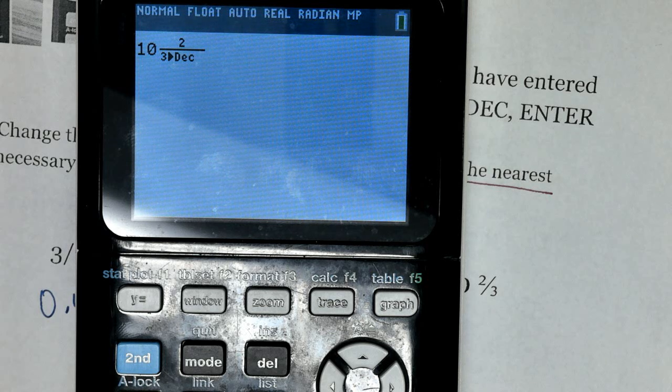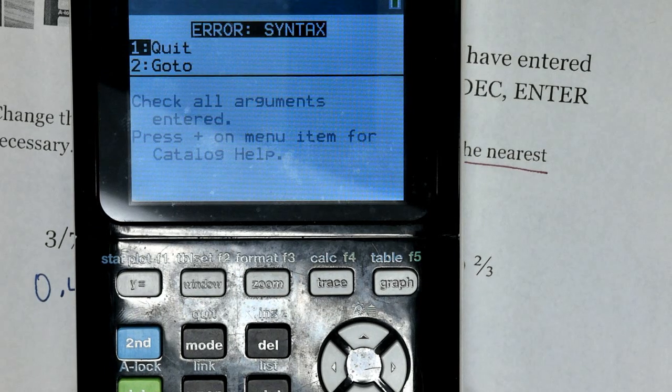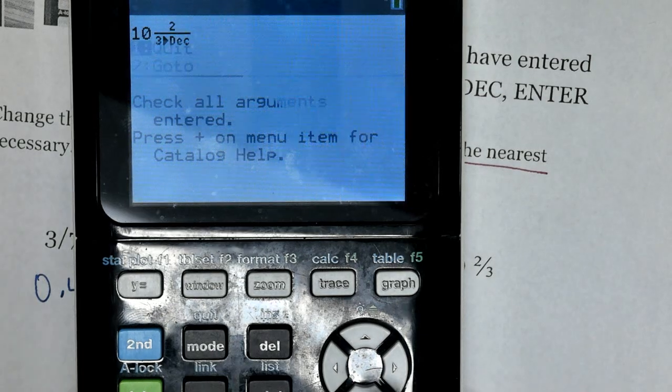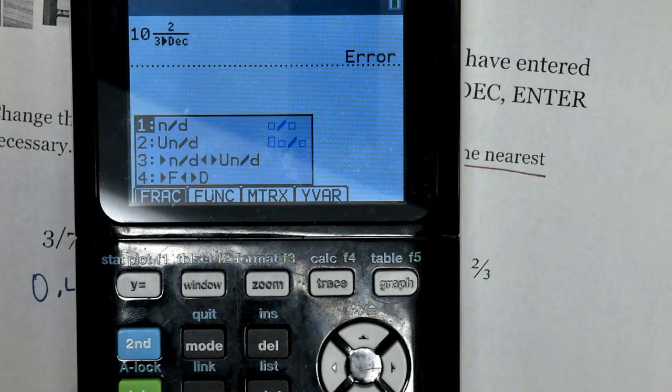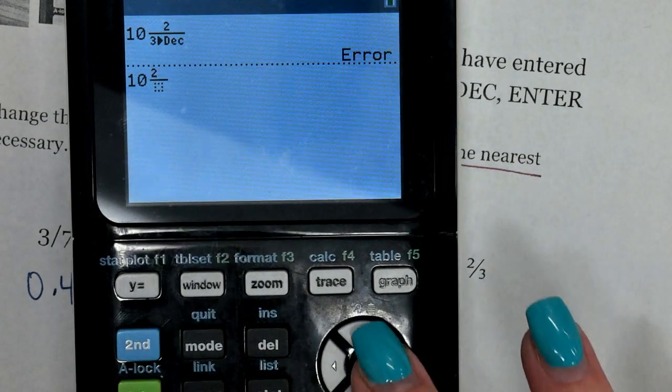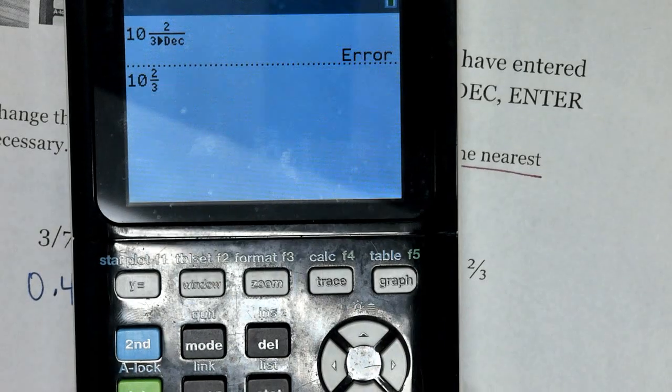Do y'all see how it put it under that fraction? The calculator's not going to know what I'm trying to do. I hit enter. It says error. That's why you have to arrow out. So I'm going to show y'all again. Alpha y equals 10 and 2/3, arrow out.